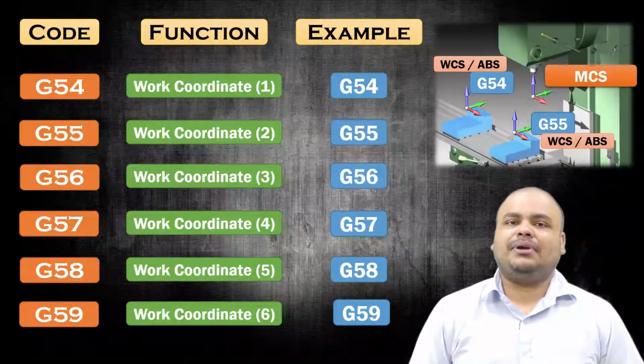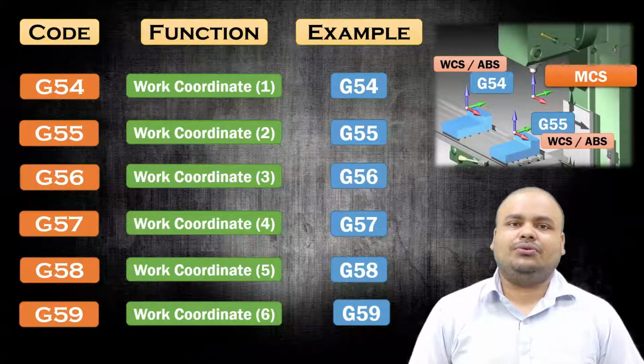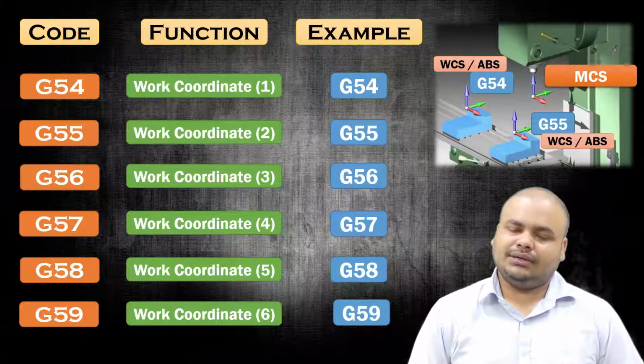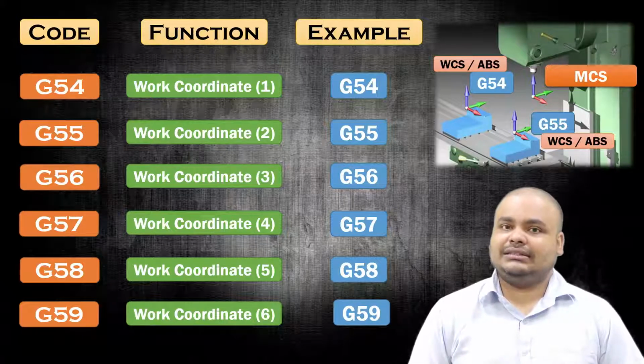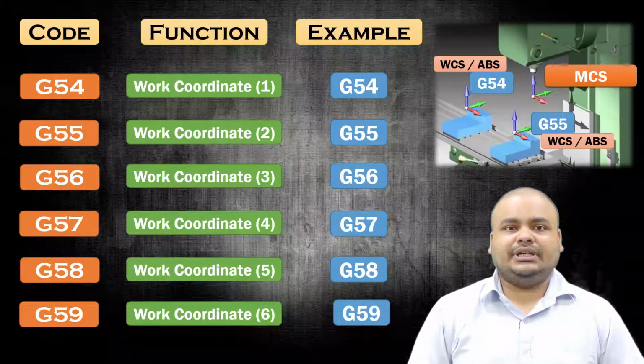In different work coordinate systems you can set the value of a particular job that you have loaded on the machine. In upcoming classes I'll show you how to do the work offset system, means how to offset a work.